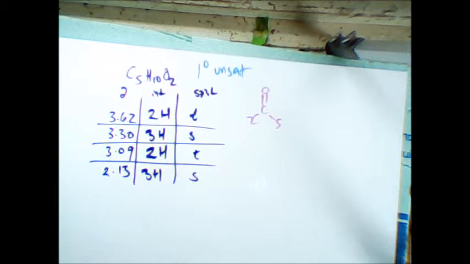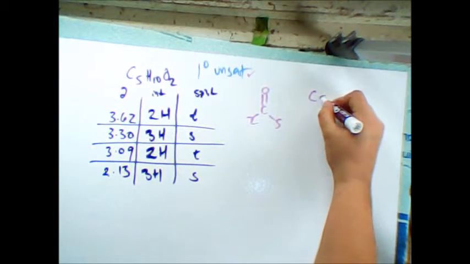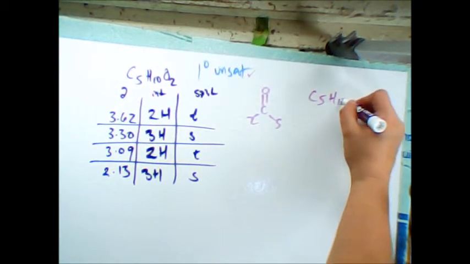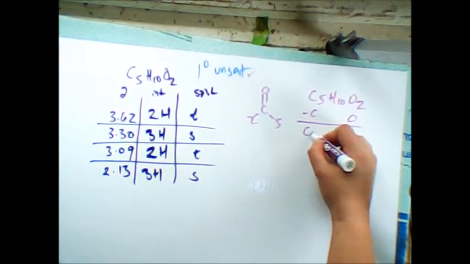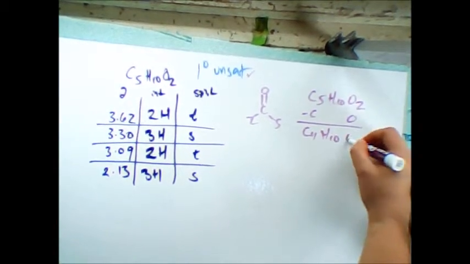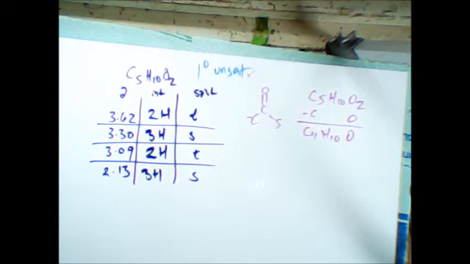And that takes care of our degree of unsaturation. Let's subtract a carbonyl out of our formula. This is a very good bookkeeping strategy because it helps you keep track of what you have and what you have left to figure out. So, C4H10O.